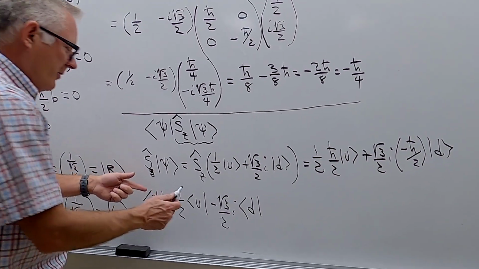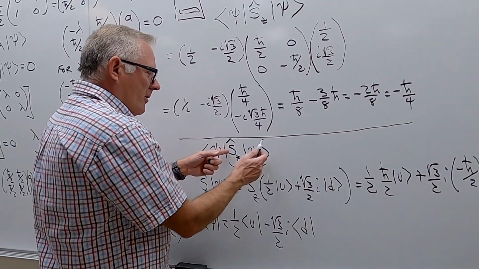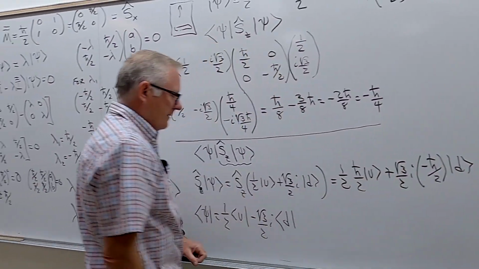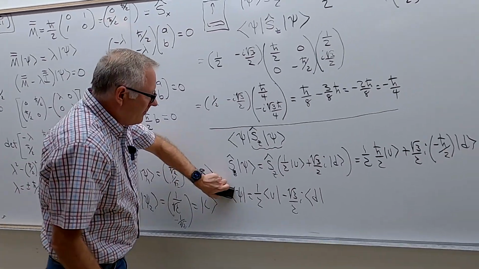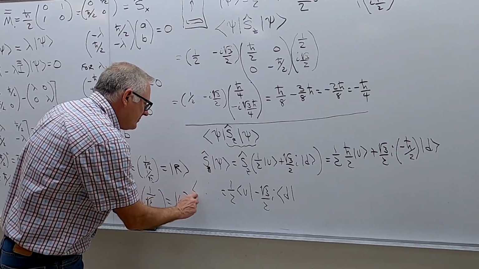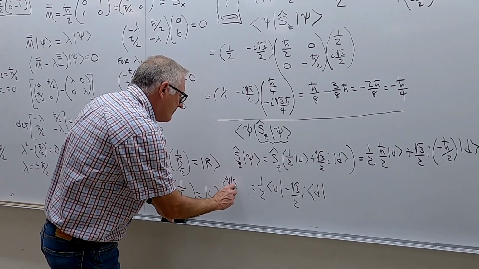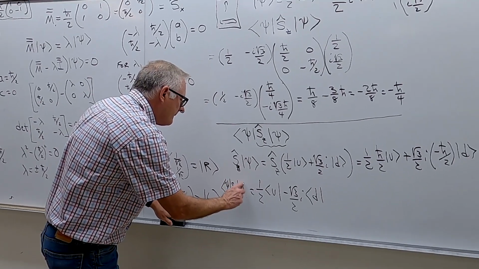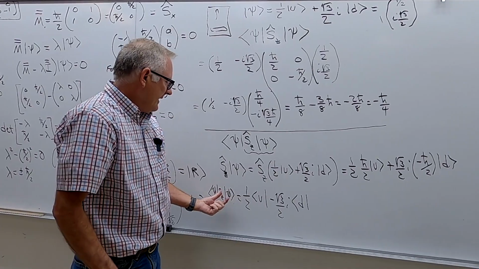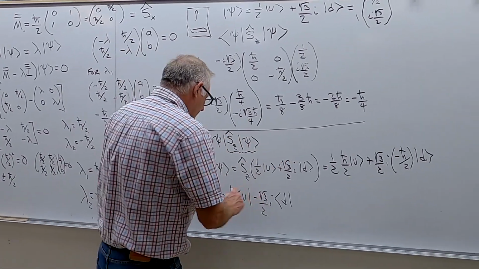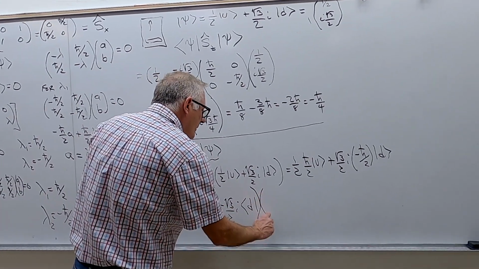Okay, so that's what that would be. And so all I want to do is put that with all of this right here. So maybe I'll even add the whole thing in there. So we're going to have psi S sub z psi. I've already done the S sub z psi, it's right there. So let me just put that in.